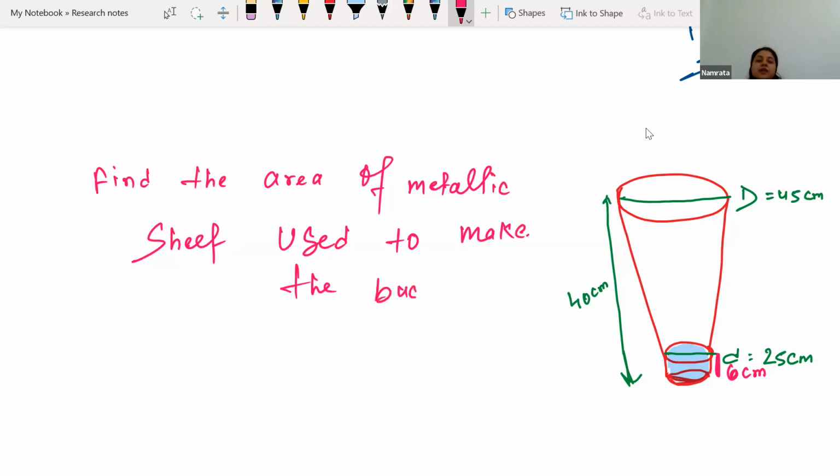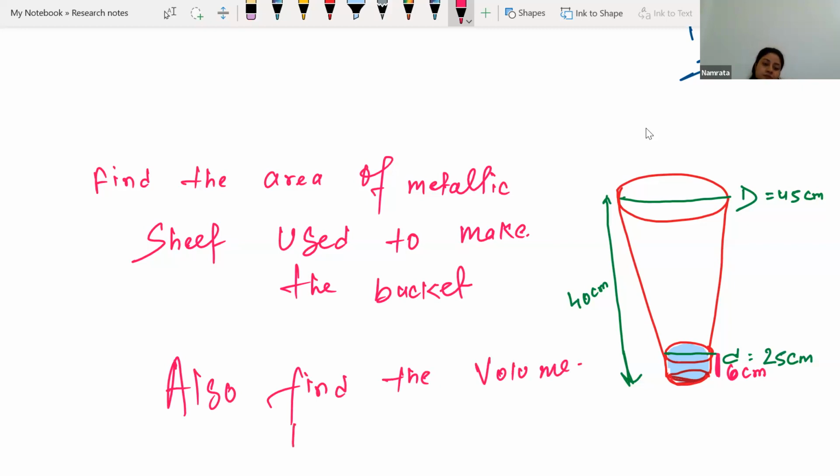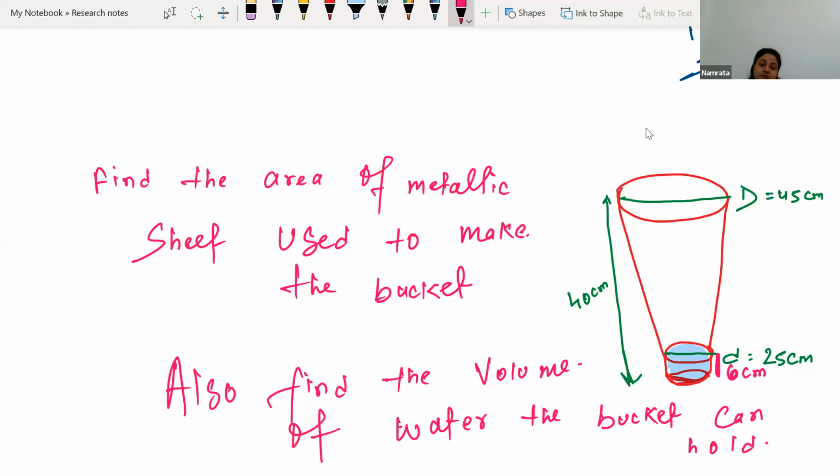Also find the volume of water the bucket can hold. How to find the first thing, that is, the area of the metallic sheet used to make the bucket?